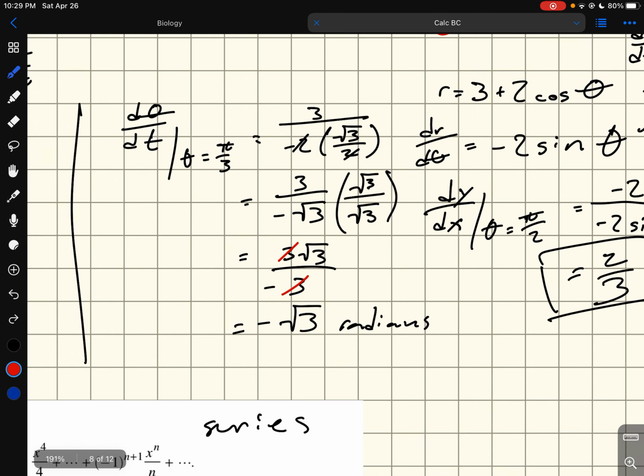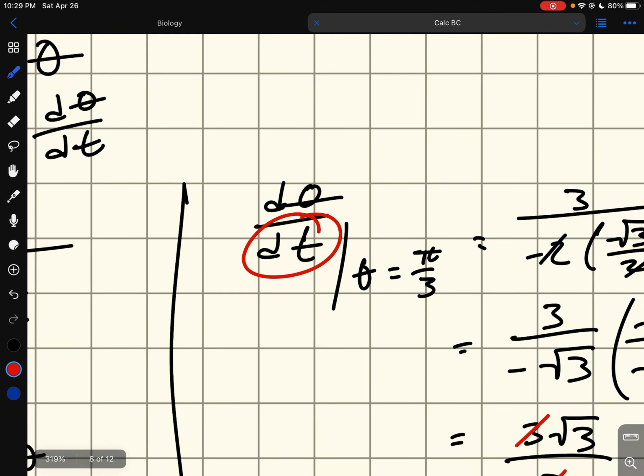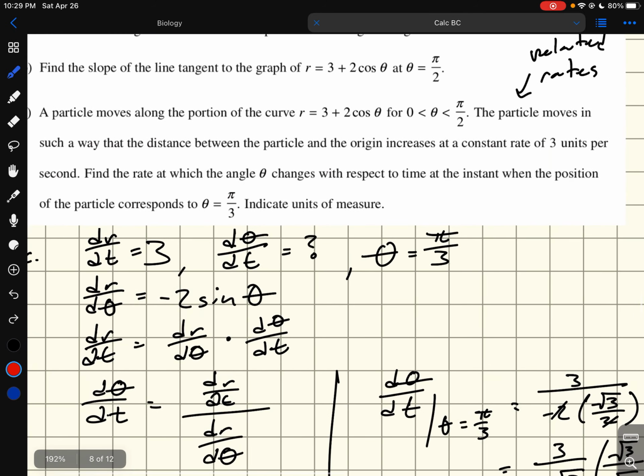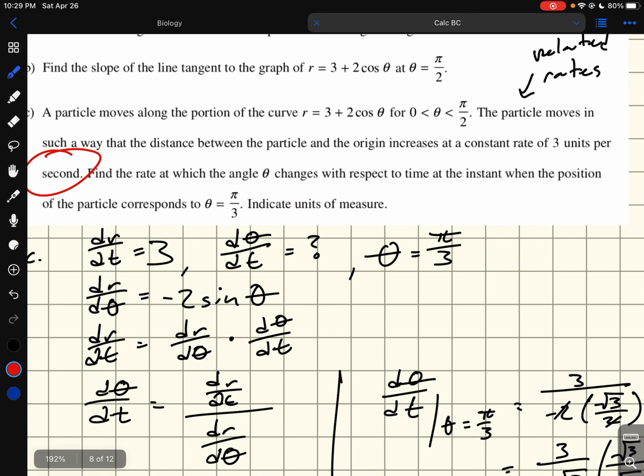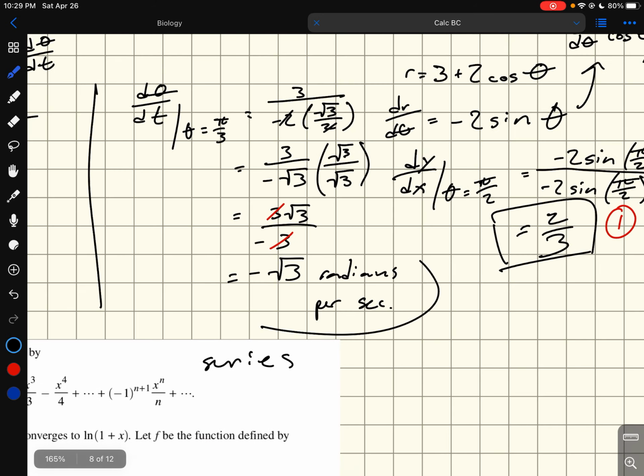So we work in radians. The pi's are radians. But it's with change to time, and time is in seconds. So this is actually radians per second. And then this is our answer.